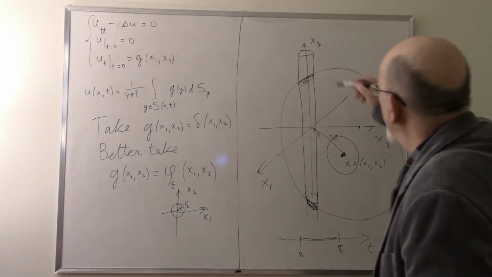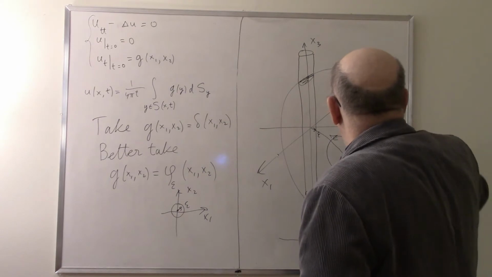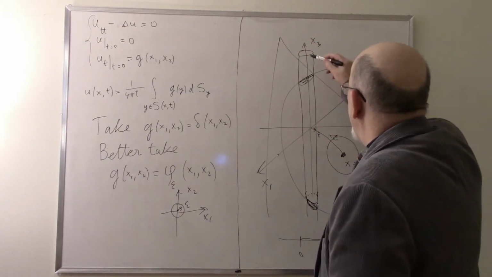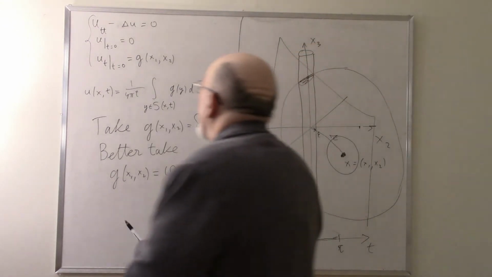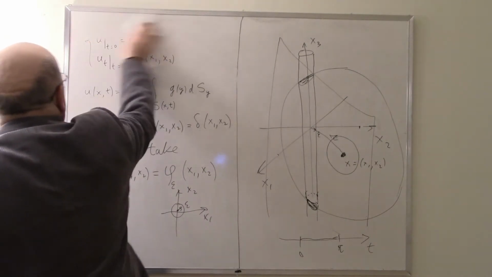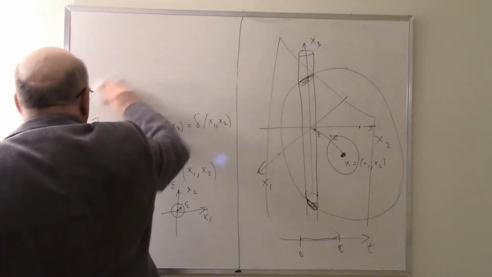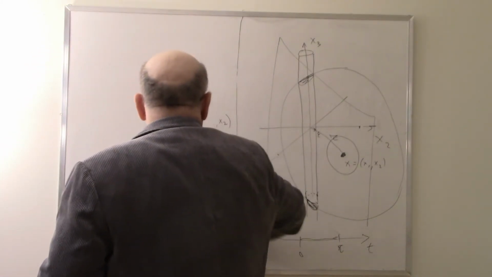No, let me do some construction. I take a plane which contains the point x and the z-axis, and let us draw in this plane. Okay. If necessary, I will repeat this formula.